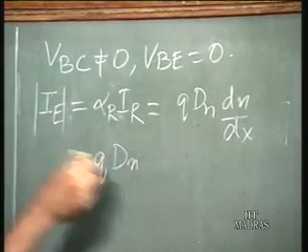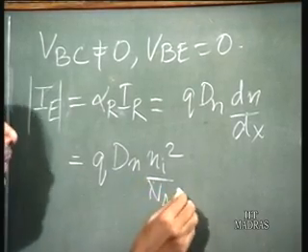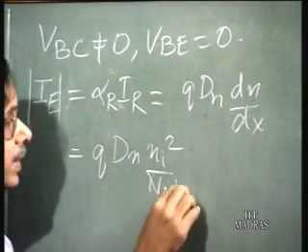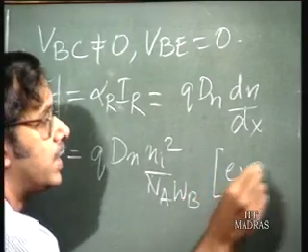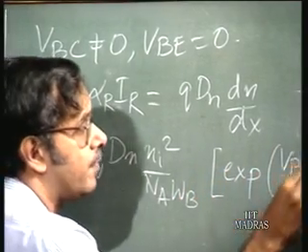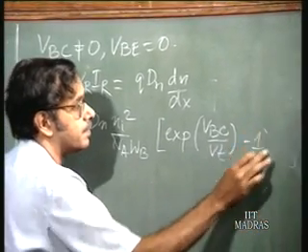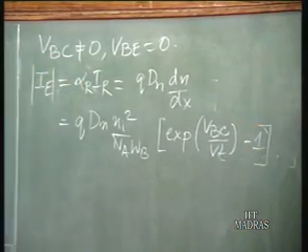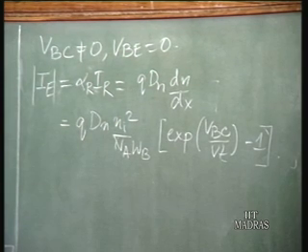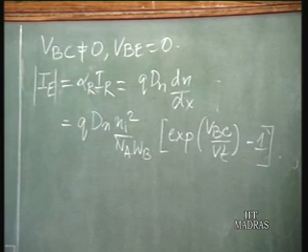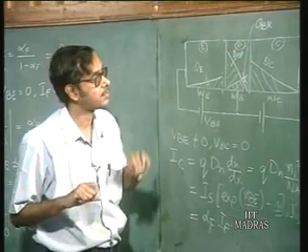This is the same, ni squared by Na by Wb, exponential VBC by VT minus 1, because this voltage now is the base to collector voltage.